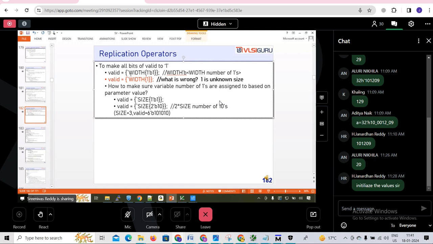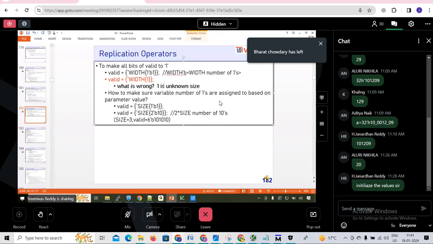Valid equal to tick width in the flower bracket 1 tick b1. Here what is wrong with this one? 1 is unknown size. 1 is unbounded size. Unbounded. That will be a problem.